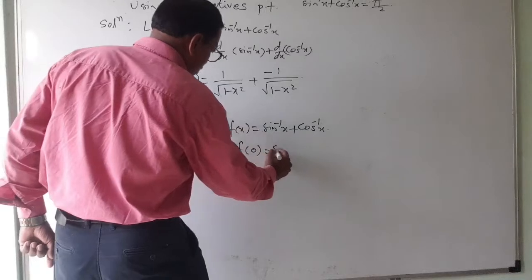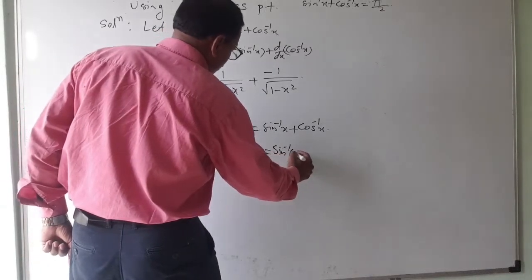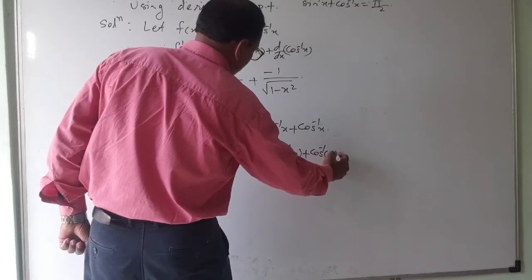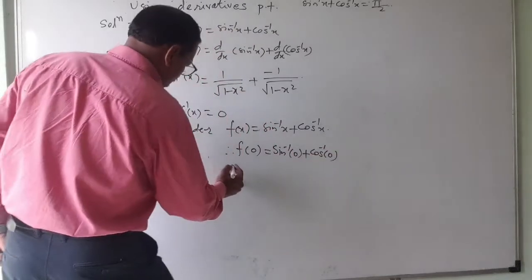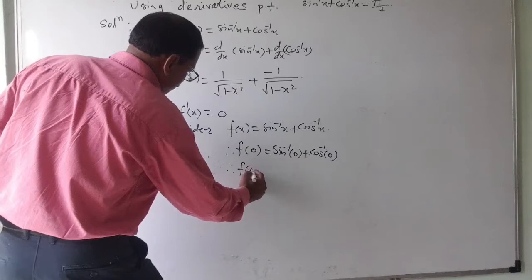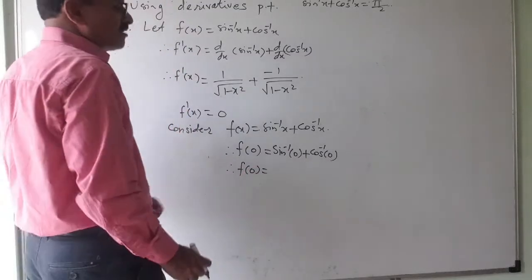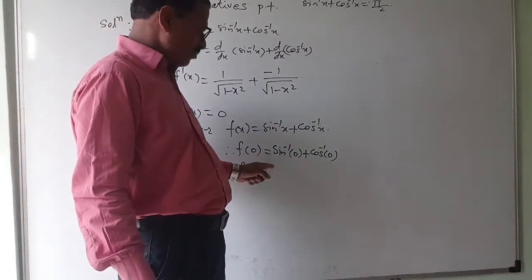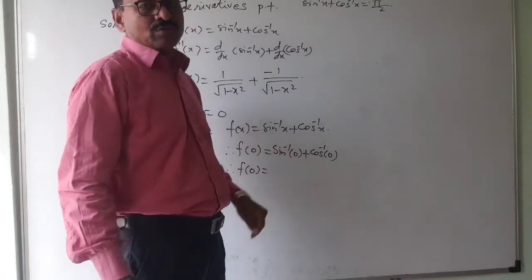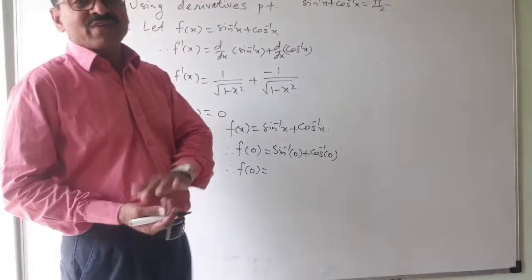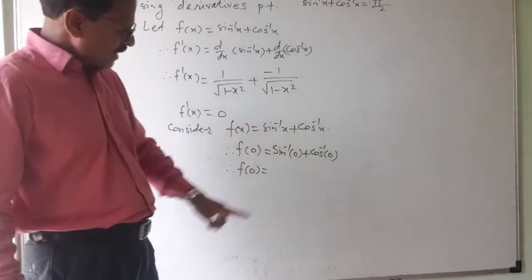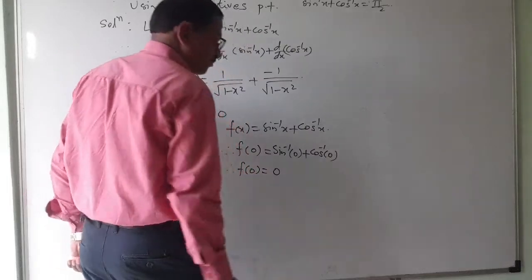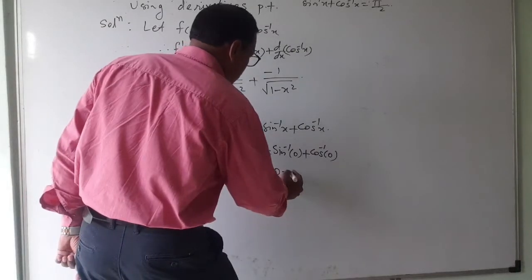So sin inverse of 0 plus cos inverse of 0. Therefore f of 0 is equal to sin inverse 0, which means find the angle whose sine is 0. That angle is 0.